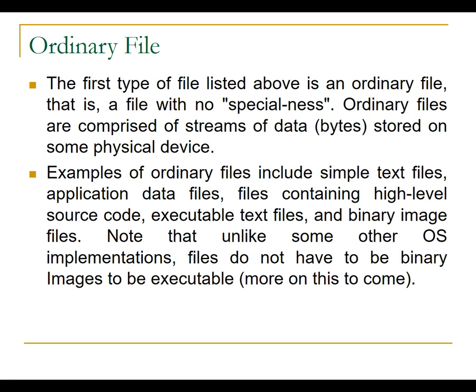That means ordinary files are always stored on physical devices. Obviously all files are stored on physical devices, but especially this first type of file is stored on physical devices. A very simple example of an ordinary file is a simple text file.